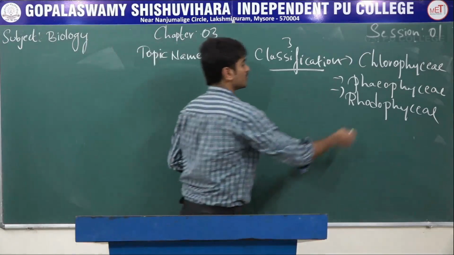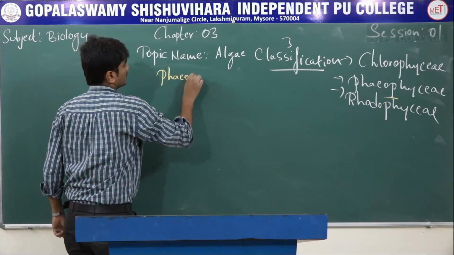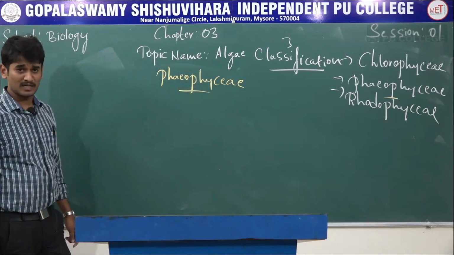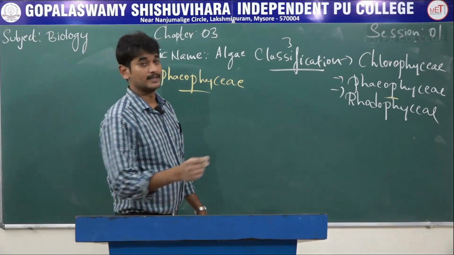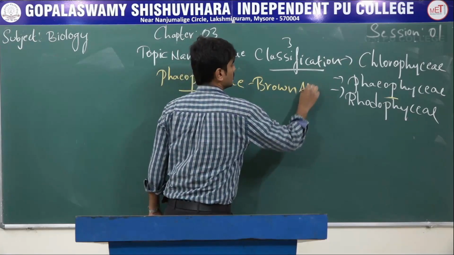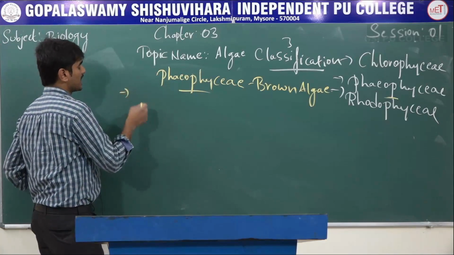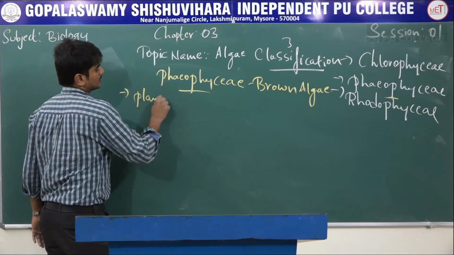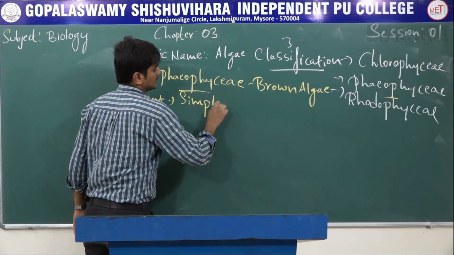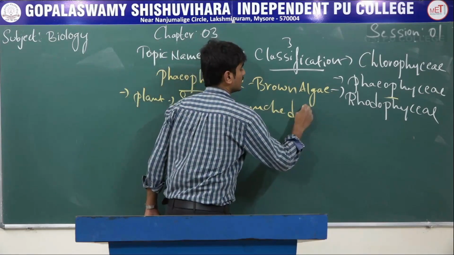The next one is Phaeophyceae, commonly called brown algae. Here the plant body, which means the thallus, is simple, branched and filamentous.